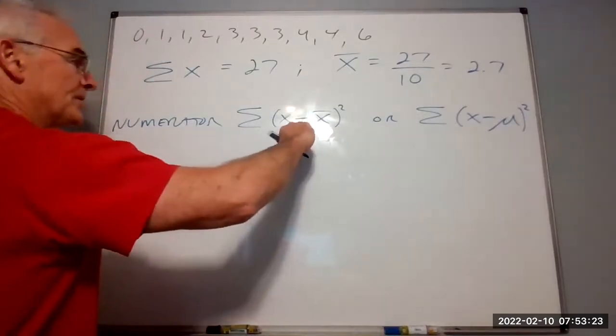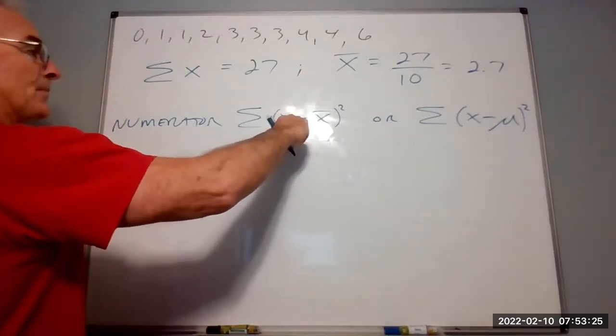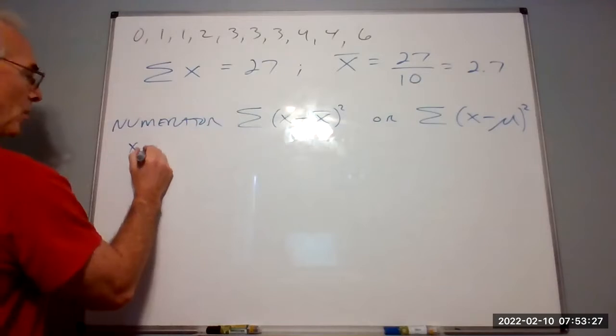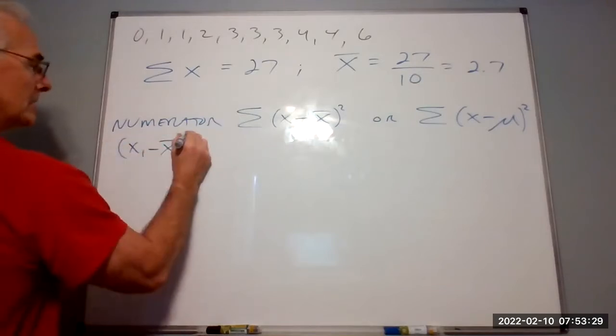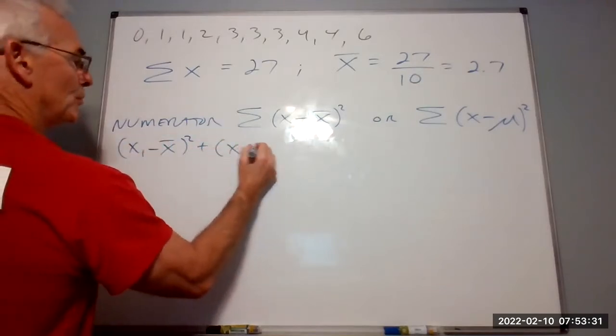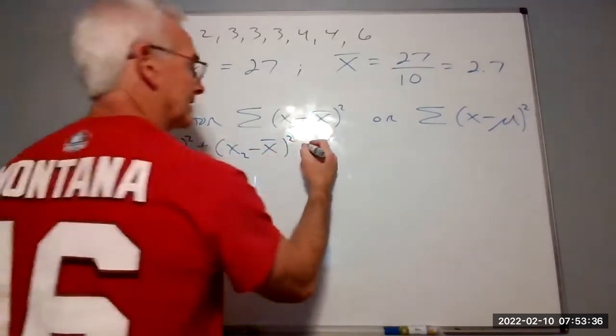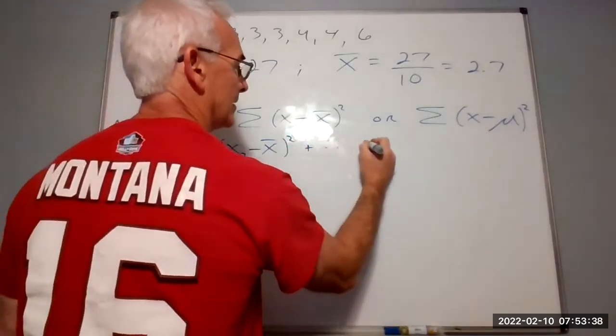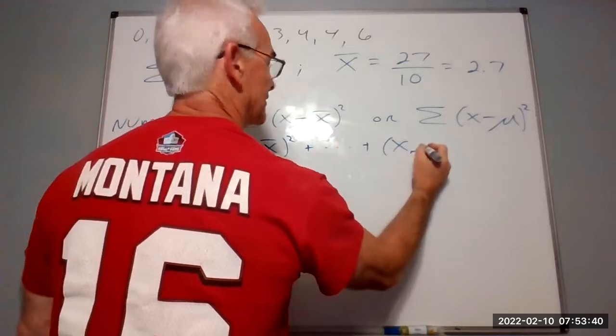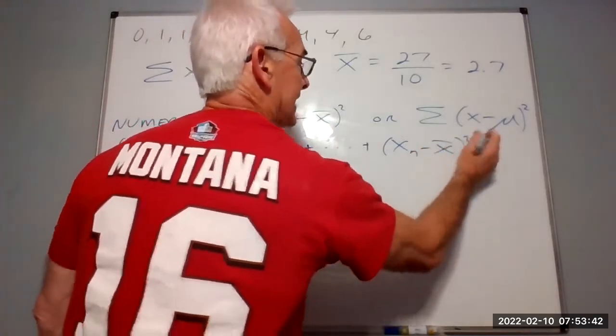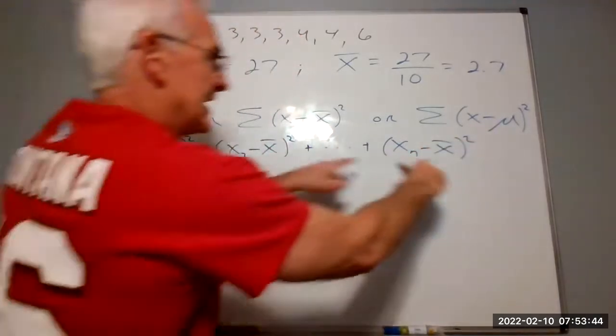So if I squared all these scores, what does this look like? This looks like x1 minus x bar squared plus x2 minus x bar squared. Remember, x1 just means first score, second score, and so on. I'm going to go dot, dot, dot, all the way to the last score. Now, in our case, there were 10 of these, right?